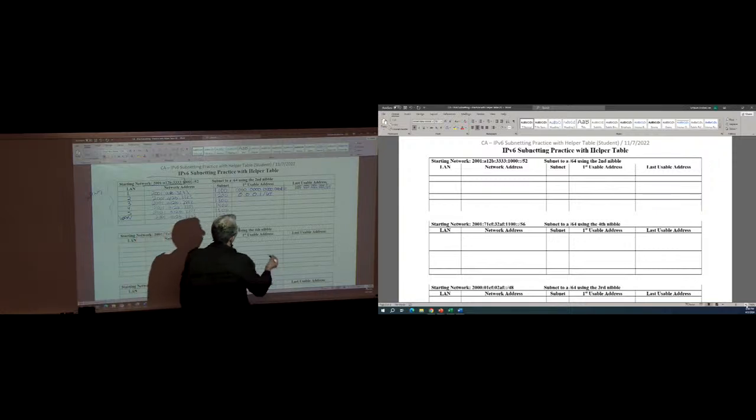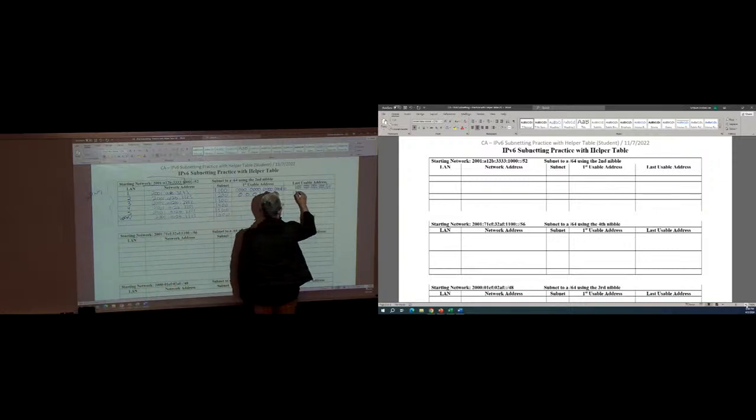Now there is no way to compress any other number or letter, so there's no way to compress FFFF.